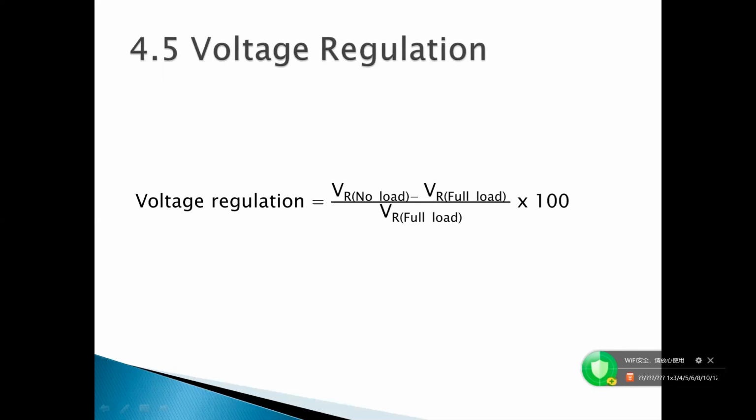This is the voltage regulation formula, that shows how your voltage regulates. It's just a formula, nothing else. So if someone asks you to find the voltage regulation of a transmission line, you put the value of VR at no load minus VR at full load. The full load value will be given in the question. We will find the voltage at full load and the voltage at no load, subtract both values and divide by full load.